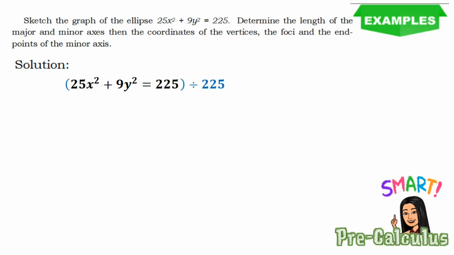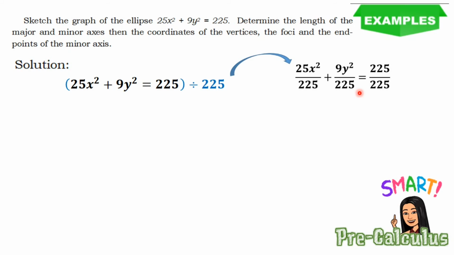Ang una natin gagawin, i-divide natin siya sa 225 since ang kailangan natin is for the right side to be equal to 1. Kasi di ba ang standard form of equation ng ating ellipse is laging equal to 1. Okay, magiging ganito siya. 25x squared over 225 plus 9y squared over 225 is equal to 225 divided by 225.